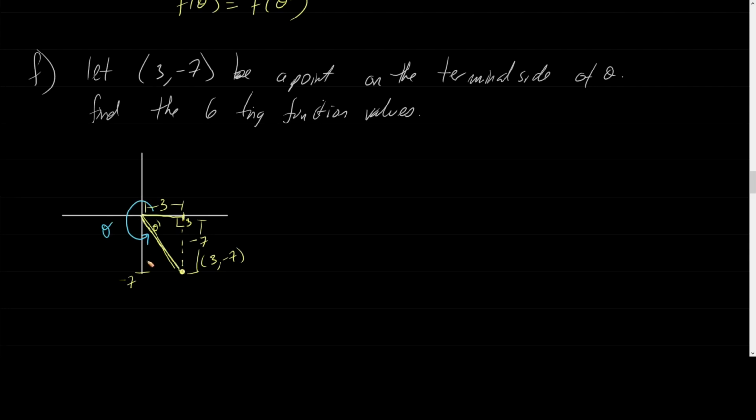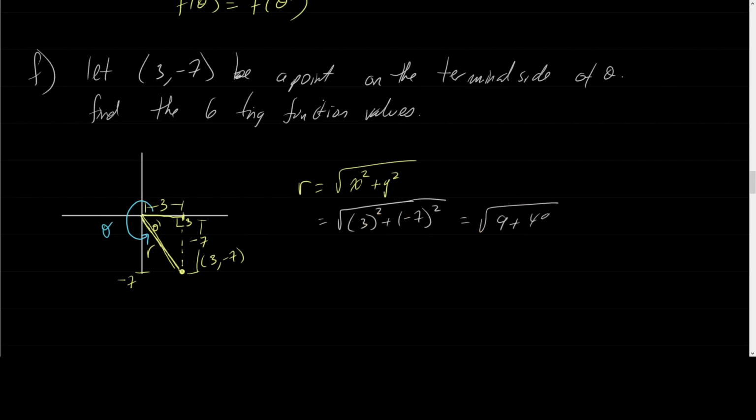What we need now is our value of r. We know from the Pythagorean theorem that r is equal to the square root of x squared plus y squared, which in this case is the square root of 3 squared plus negative 7 squared. 3 squared is 9, 7 squared is 49.